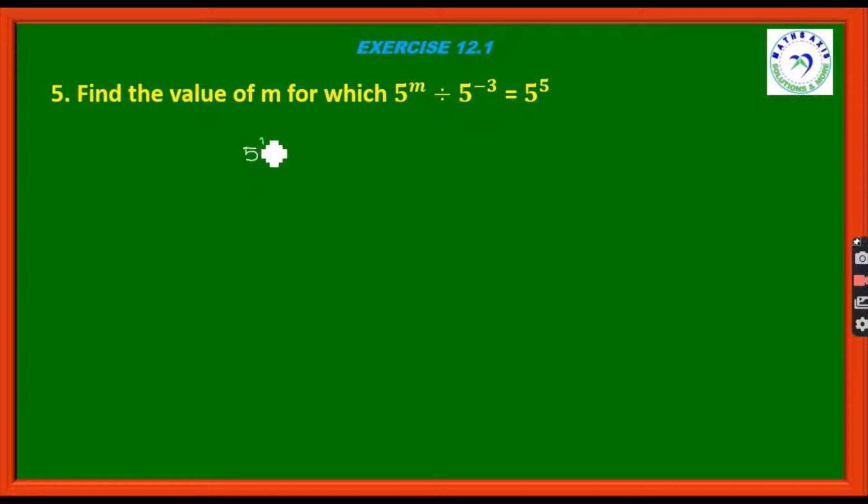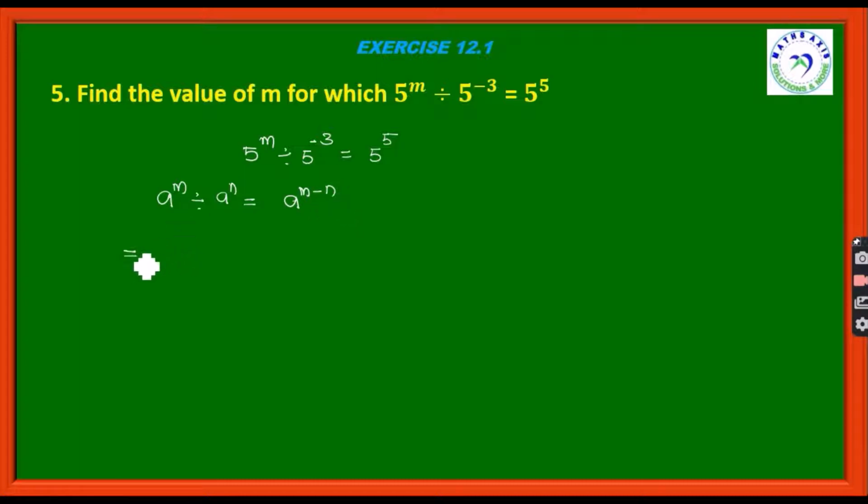5 raised to m divided by 5 raised to minus 3 is equal to 5 raised to 5. Let us apply here the law of exponents: a raised to m divided by a raised to n is equal to a raised to m minus n.